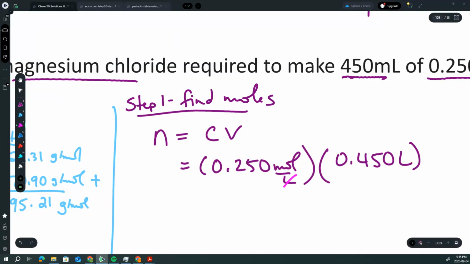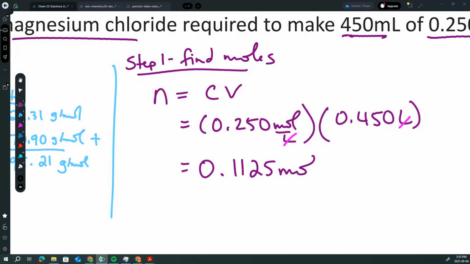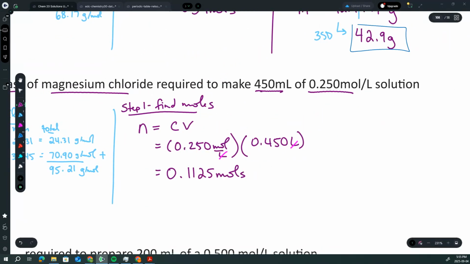Our liters cancels out. And so that gives me 0.1125 moles. I have not rounded this number off. That's actually what I got in my calculator.